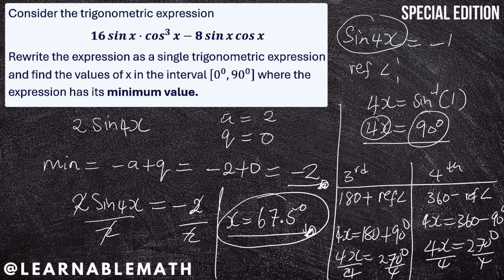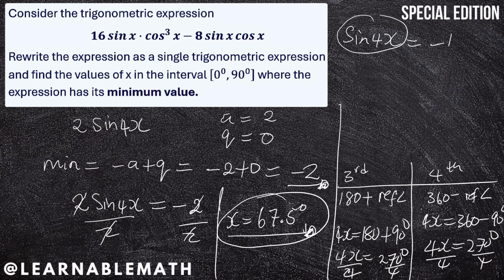Is this the only x value? No, we can go and get more, right? We can get more by writing it in its general form: 4x is equal to 270 degrees plus k times 360, which is the period of sine, and so x equals 67.5 degrees plus k times, so 360 will also be divided by 4, right?